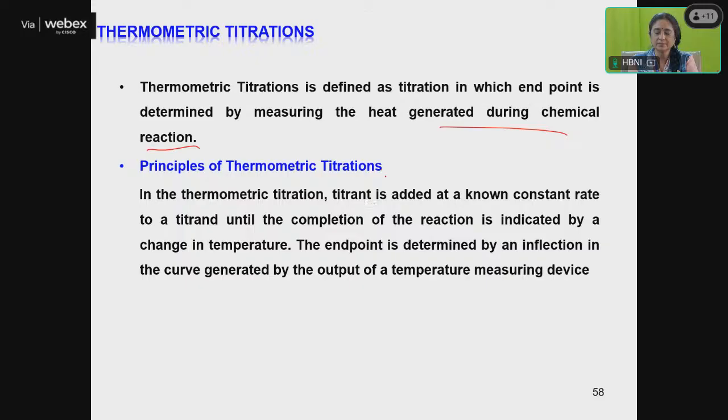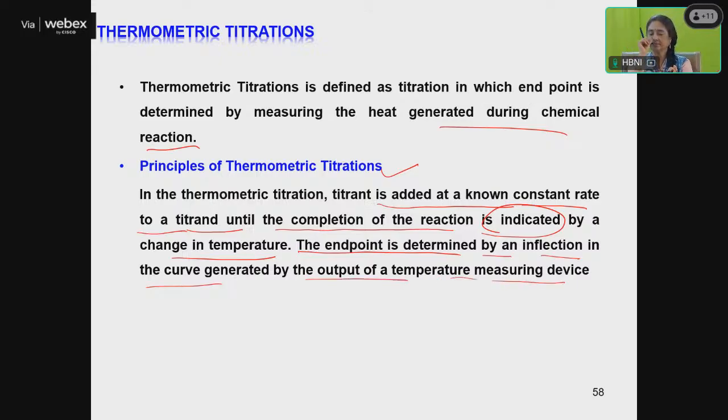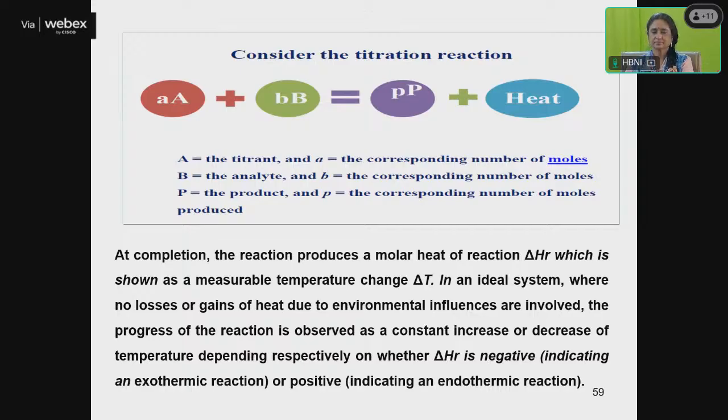The principle is that the titrant is added at a known constant rate to the analyte until the completion of the reaction, which is indicated by a change in temperature. There is a continuous measurement of temperature, and the end point is determined by the inflection in the curve generated by the output of a temperature measuring device. So when there is a change in temperature, that is the end point.